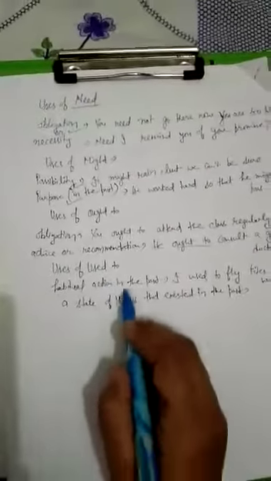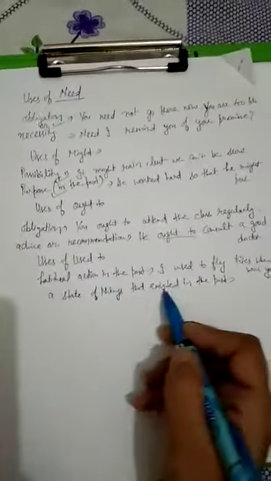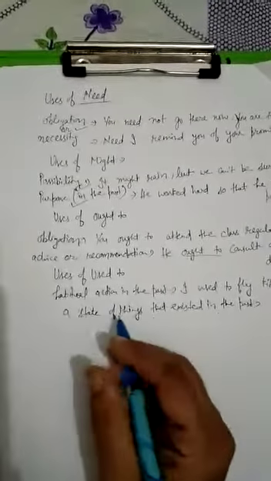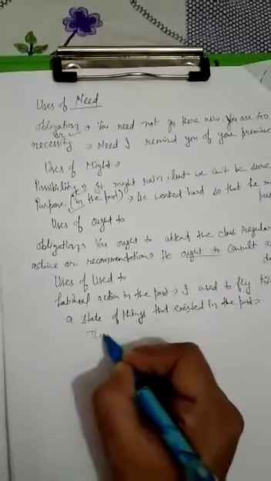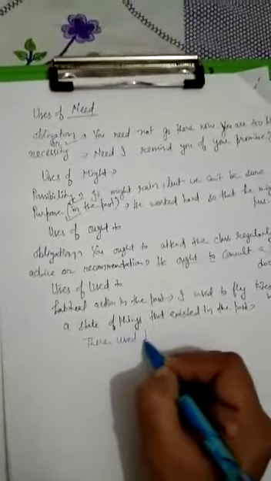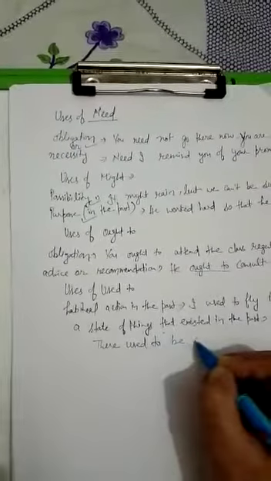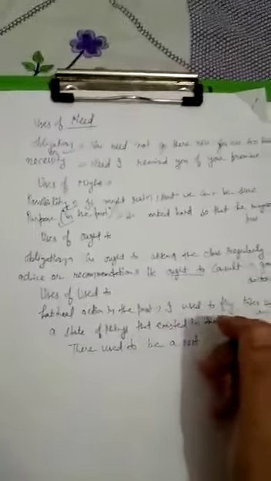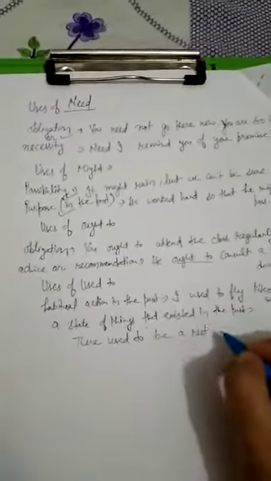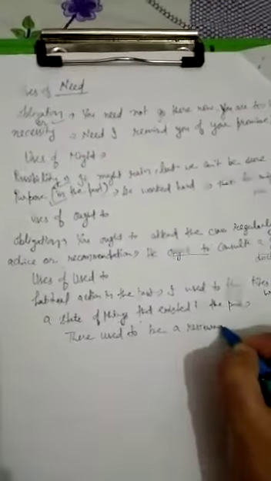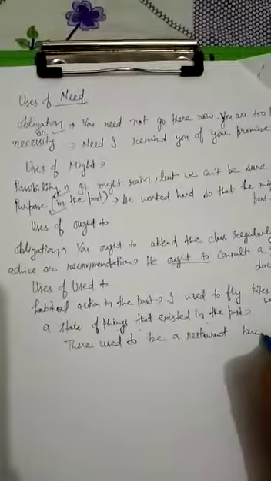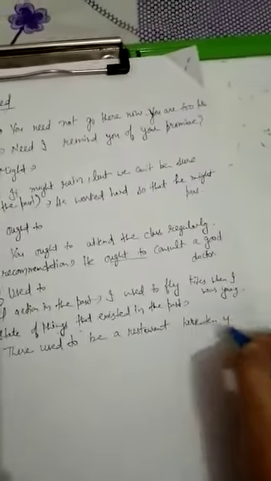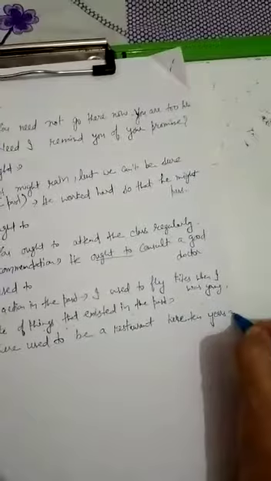Next, we are using used to with the state of things that existed in the past. For example, there used to be a restaurant here 10 years ago.